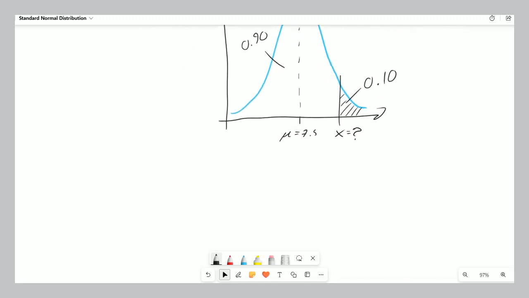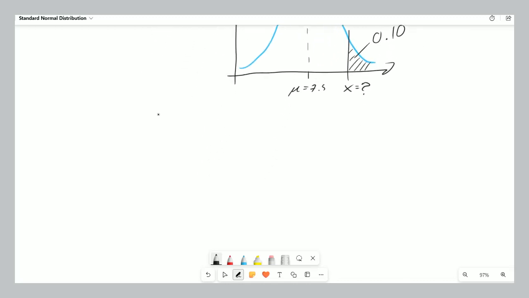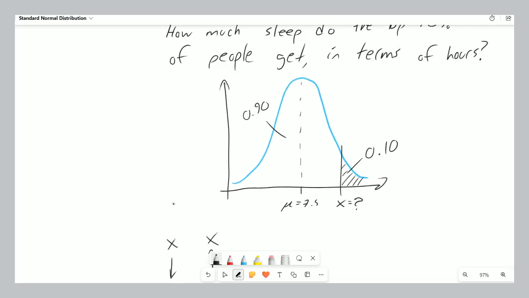So what we did before in the examples is that we started off with an x value, we converted to a z value, and then we got a probability. In this case here, we're starting with a probability, and we want to get the corresponding z value and then convert that to an x value. And the probability we're starting with isn't 10%, it's 90%.